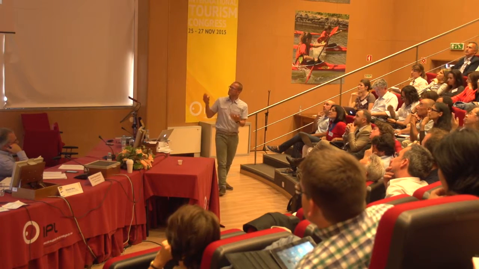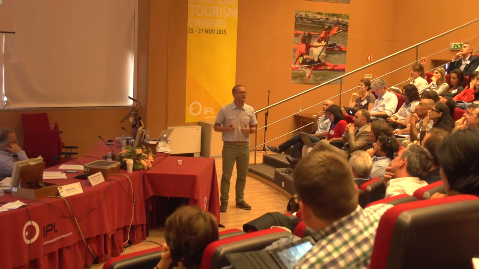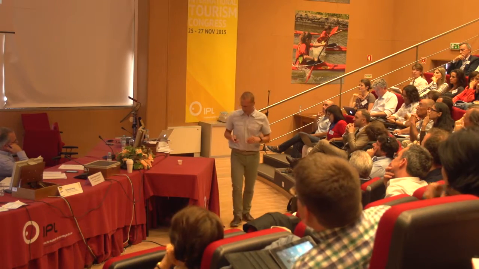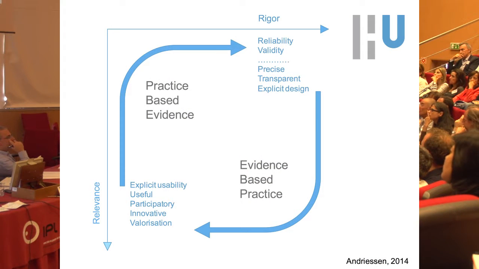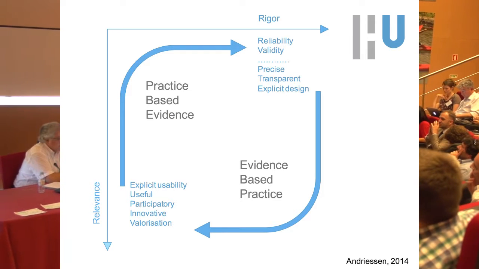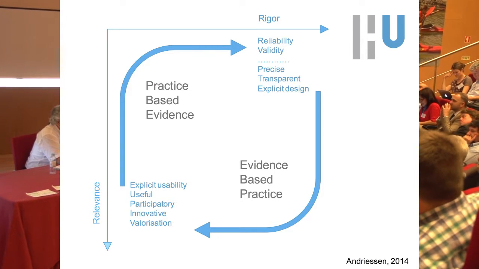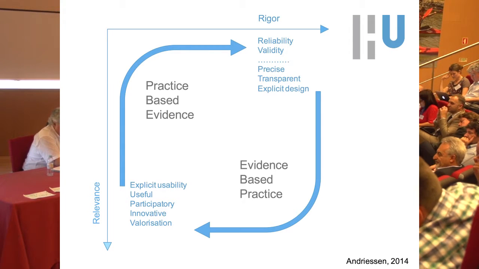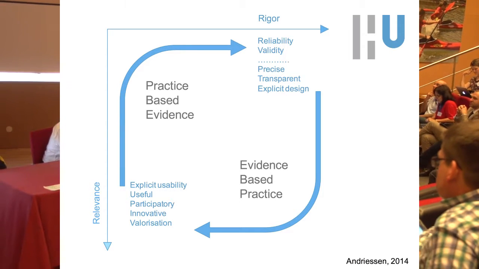For that, you have two basic criteria of quality. On the one hand, rigor, scientific rigor or otherwise, and on the other, relevance. Traditionally, these conflict. In order to make something more relevant, you have to sacrifice scientific rigor.